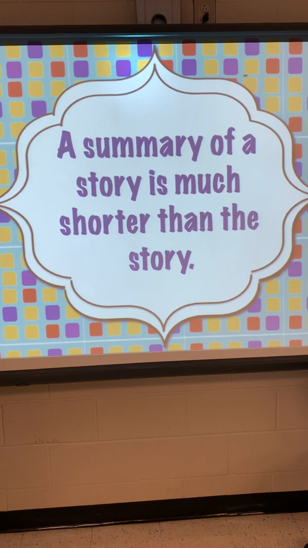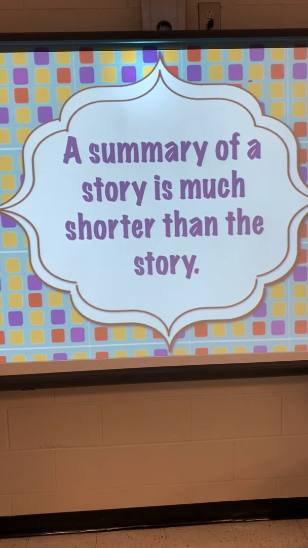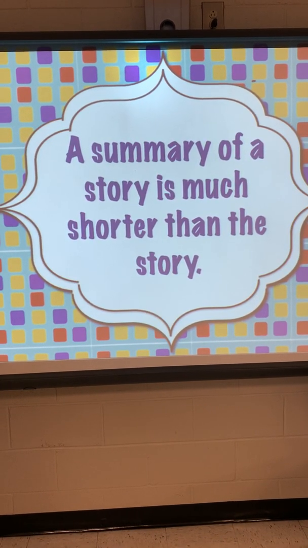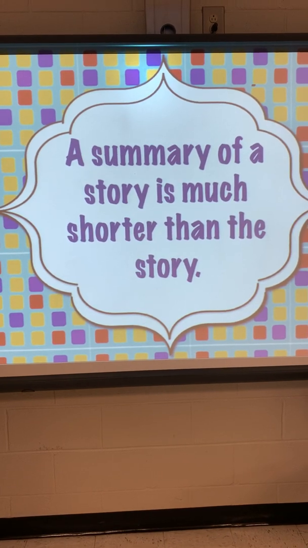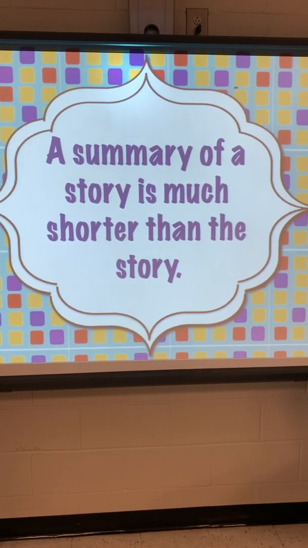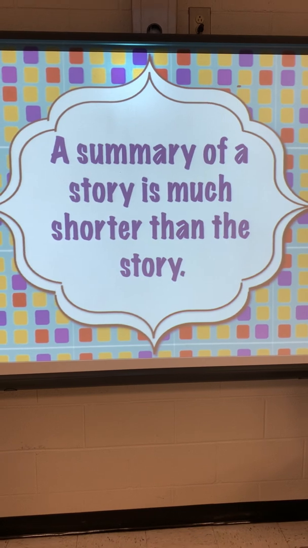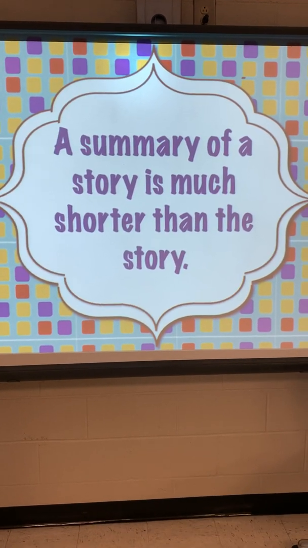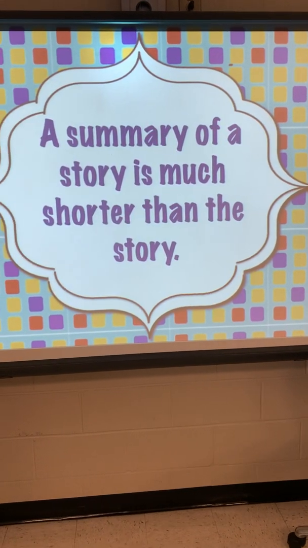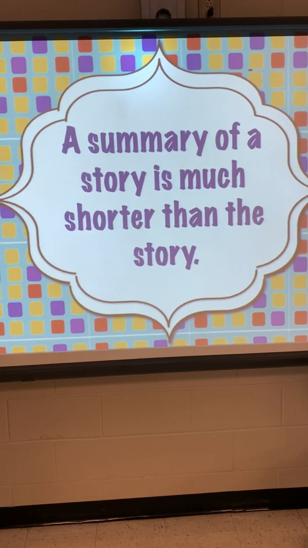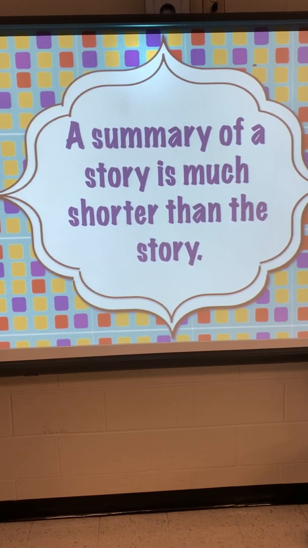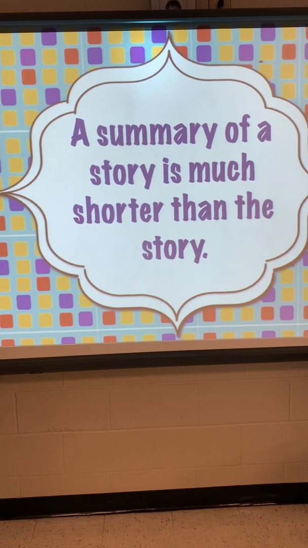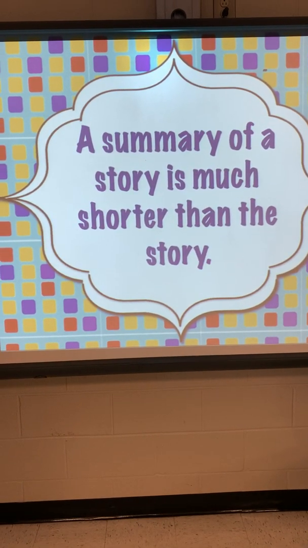If you look at the back of a book, you'll see a short paragraph or a few sentences that will give you an idea of what that story is going to be about. You'll see the same thing on the back of a DVD, or if you're just looking online for a summary of a movie to see if you want to go and see that movie. It's just going to give you some information to let you know what it's about without telling you the whole entire story, because that would be way too long.